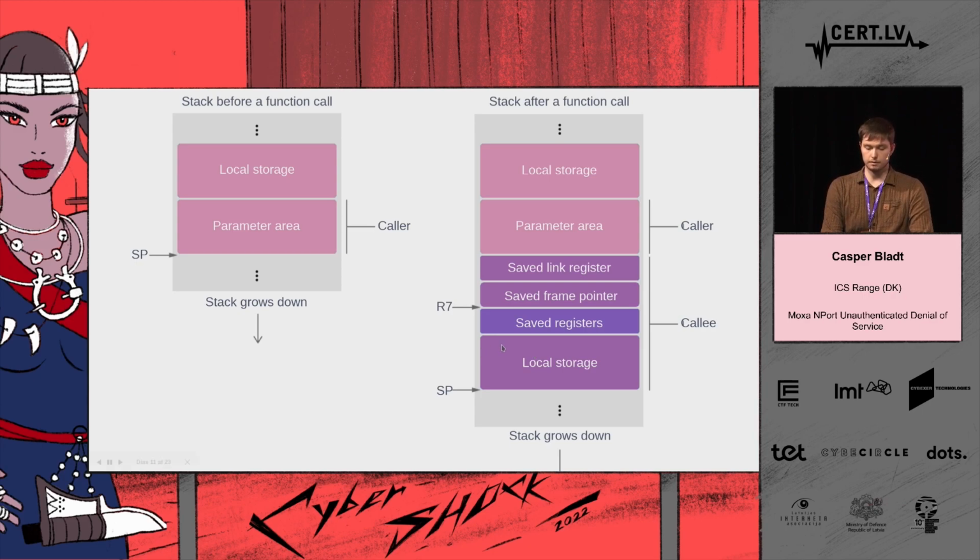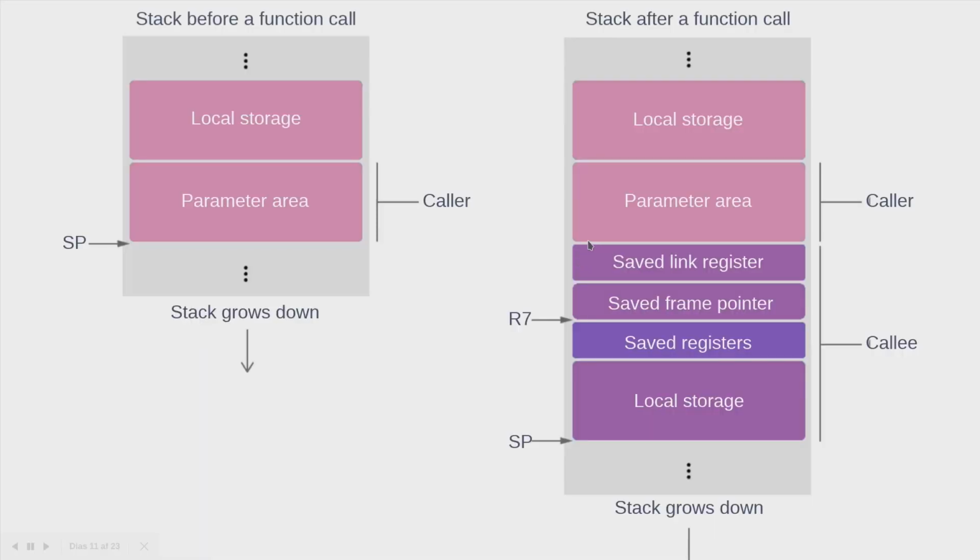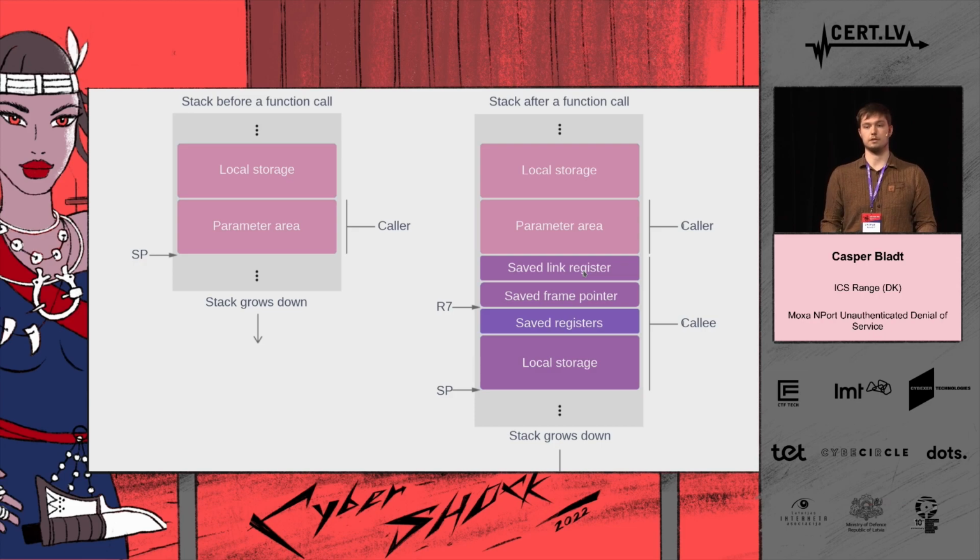Then we would just override, you can see my mouse, we would just override up through all these registers and write whatever we wanted in them. So if we were to just override them with junk, then as soon as this function is done executing, we would jump down to the saved linked register, which could maybe just be a bunch of the character A, and then the CPU would say, this address doesn't exist, and then it would die.